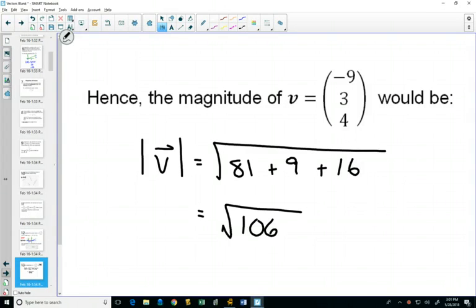Does that simplify nicely? No. It's 2 times 53, and 53 is a prime number. Doesn't help us out very well. So there we go. That's the magnitude of the vector v.